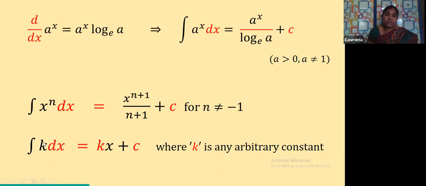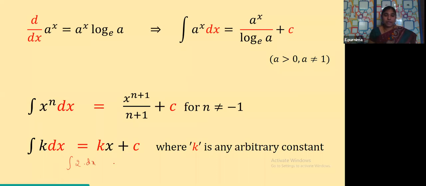Why is it kx, children? Just now I told you the formula: integral of 1 into dx is x. Yes or not? 1 is also a constant, and other than 1 you can have any constants. Suppose I have 2 into dx.